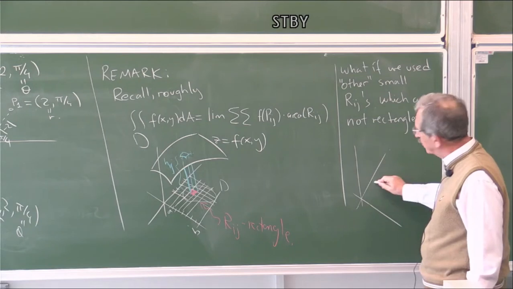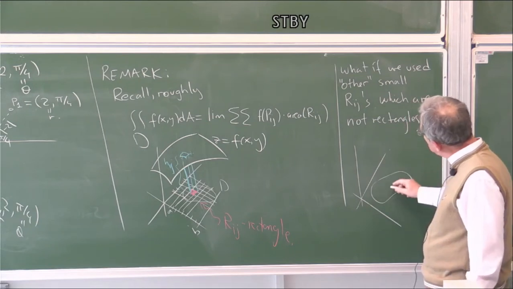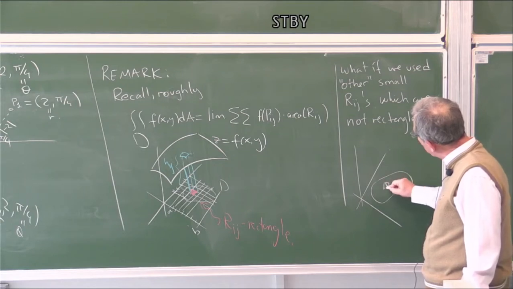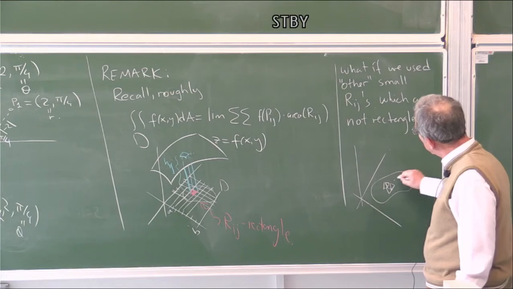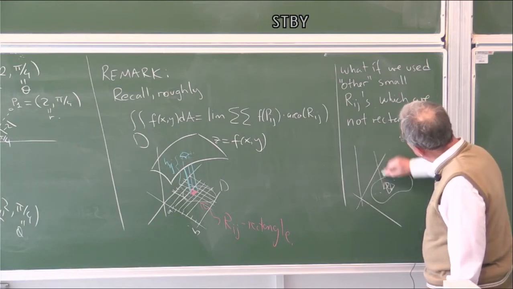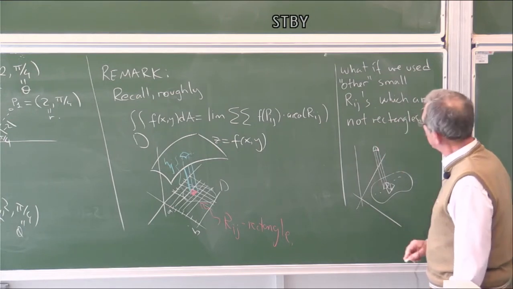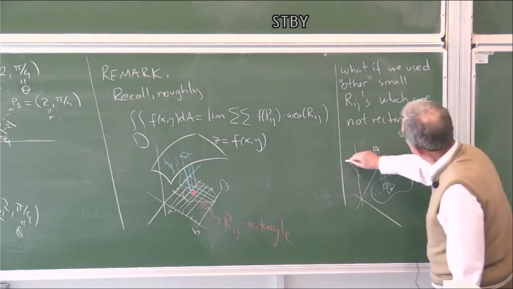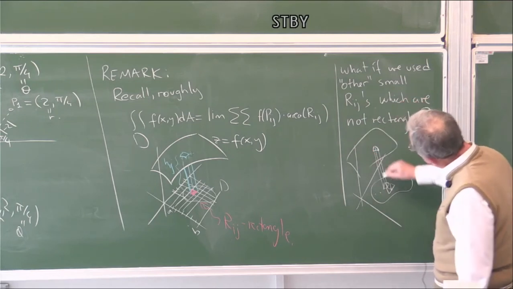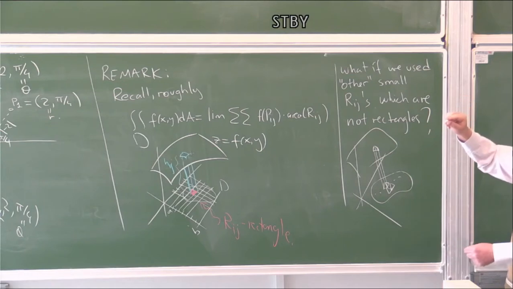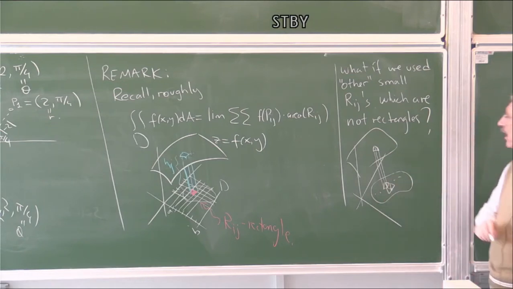We have our D here again. Say we divide that into small triangles of this form. And so at the top, we would have a triangular shape on the surface, and we would still choose a point in this triangle, multiply it with the area of the triangle.